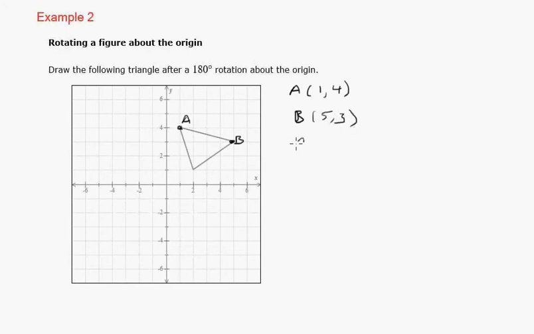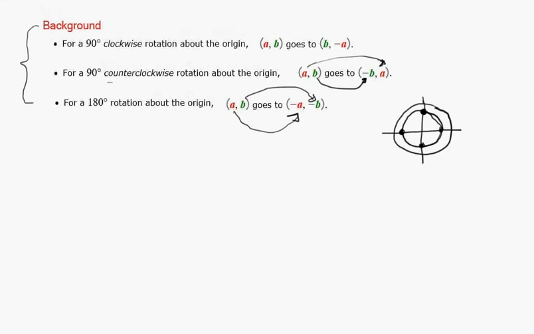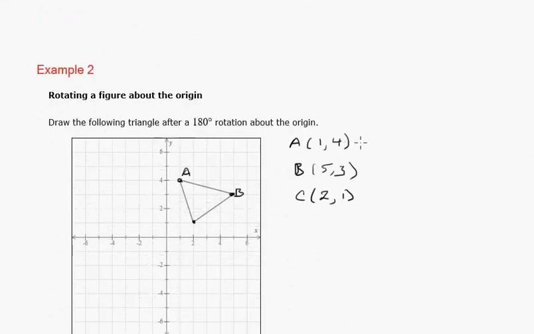And let's call the other point C, and that's going to be 2, 1. If you have it in the notes, for a 180-degree rotation, A goes to negative A, B goes to negative B. So you're just changing the signs. That's kind of easy.